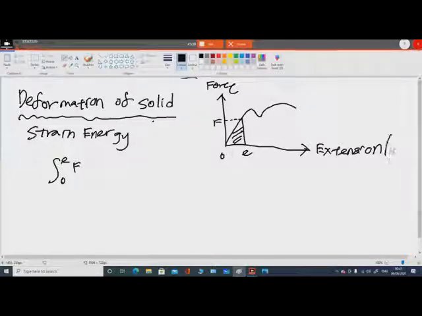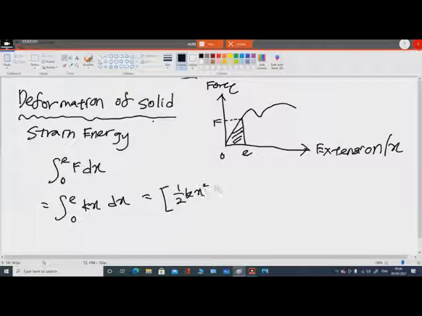This extension is denoted as x, and F is equal to Kx, so we integrate Kx dx. So this is half Kx squared from 0 to E. So finally what we got is this one, which is what we call strain energy.